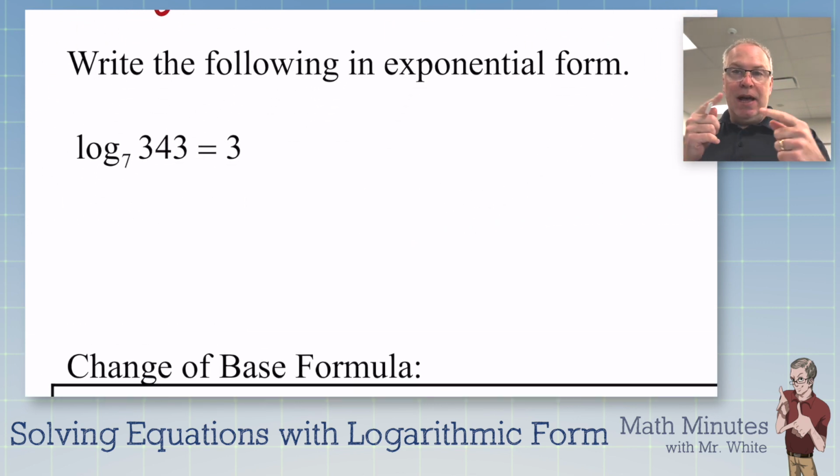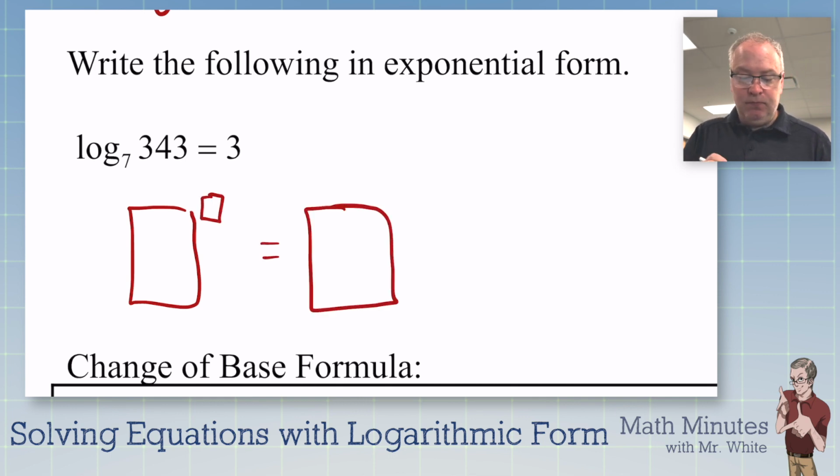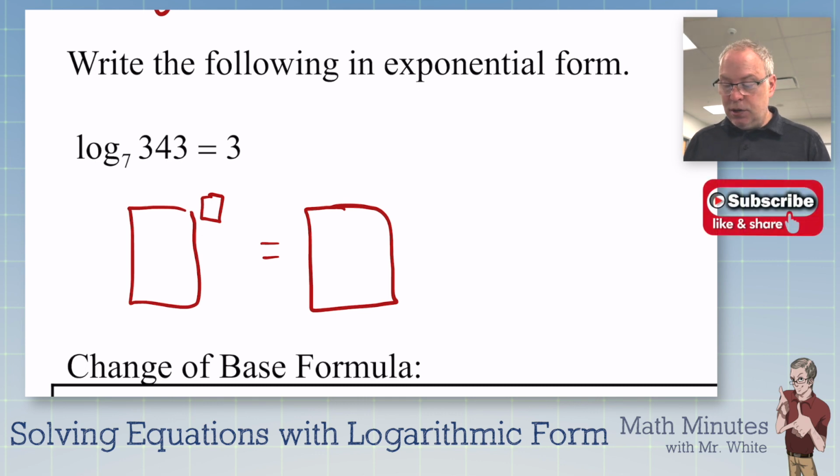Let's go backwards now. We're being given log form, and we're being asked to write exponential. So the base is the base. So remember, we're going to write something to the something power equals something. Answers to logs are exponents, and we want to keep the base the base. So what is the base in this log statement?